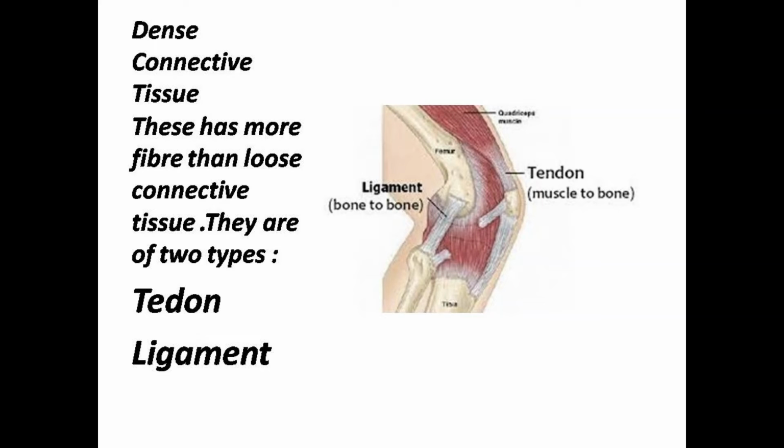Moving to the dense connective tissue, it has more fiber than the loose connective tissue. It is of two further types: tendons and ligaments. Tendon is a flexible and inelastic structure made up of fibroblasts and collagen fibers. It connects a muscle to the bone.